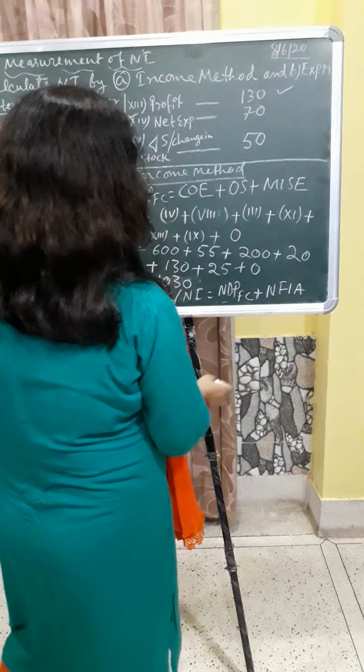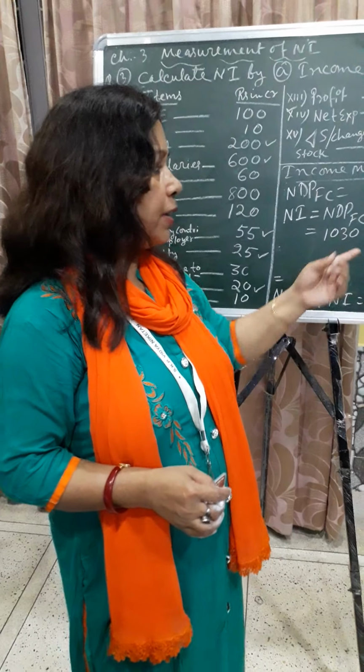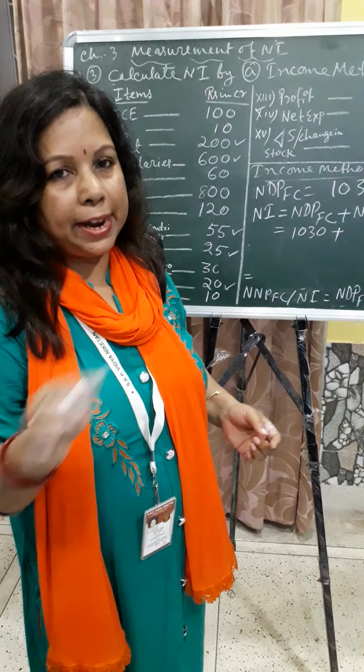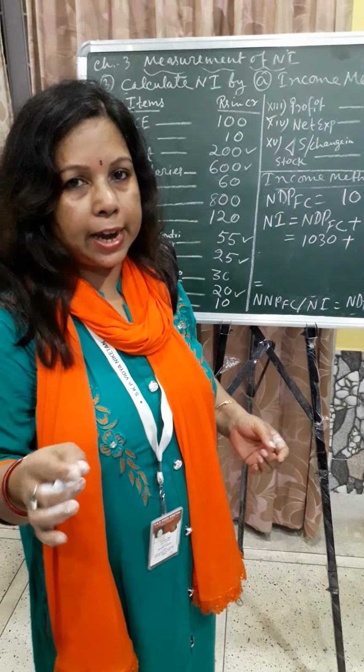So 1030 plus net factor income from abroad. You see that here the item, number 10, is net factor income to abroad, not from abroad. From abroad means we get income from outside, but here we have to pay income to outside. So here use the minus sign. To abroad, minus sign; from abroad, plus sign.